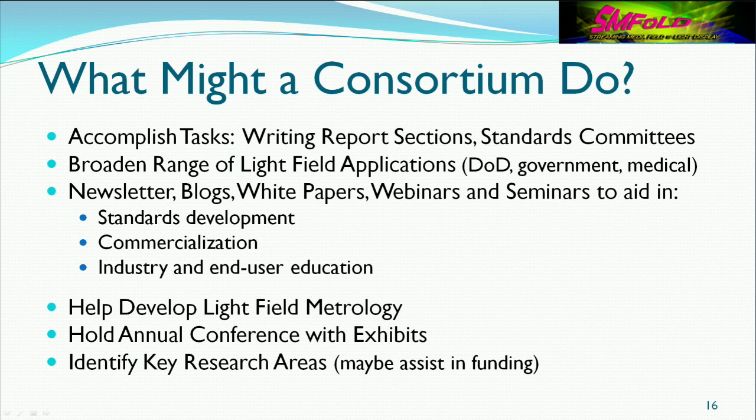We might broaden the range of applications being considered by the standards organizations to include some of these DoD and government applications specifically, because this is an AFRL funded project. Their interests need to be represented. We could write newsletters, white papers, and education materials, all to help facilitate the education of the industry, the community, standards organizations, et cetera.